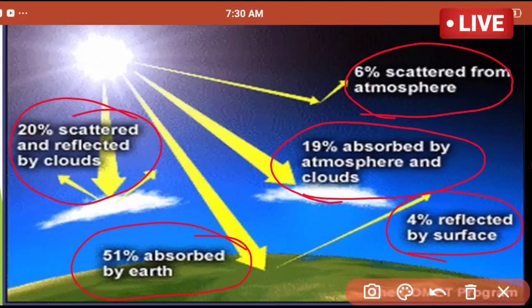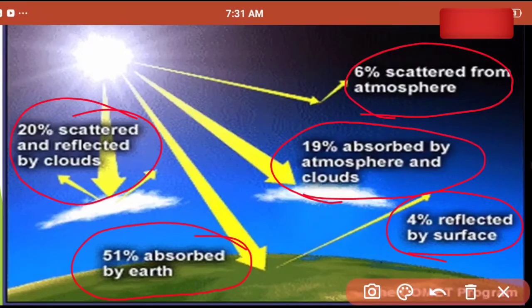Only 51% is absorbed by the earth from the sun. The remaining 49% is 20% scattered and reflected by the clouds, 6% scattered from the atmosphere, 19% absorbed by atmosphere and clouds, 4% reflected by the surface.